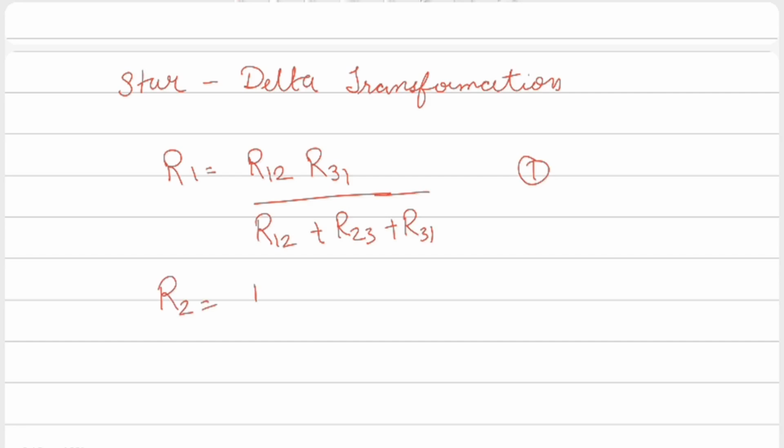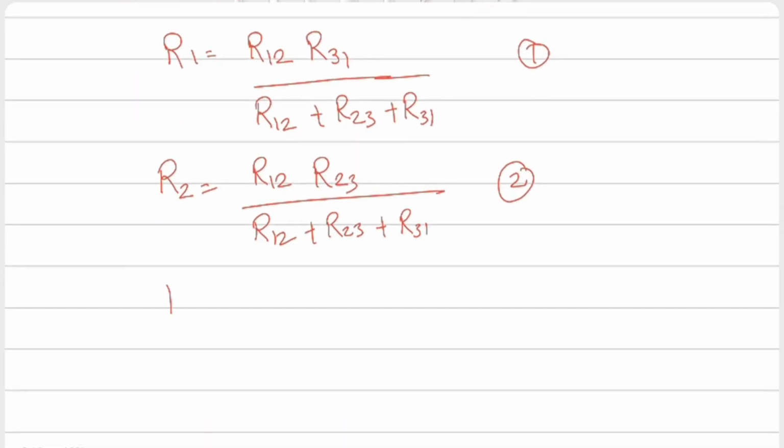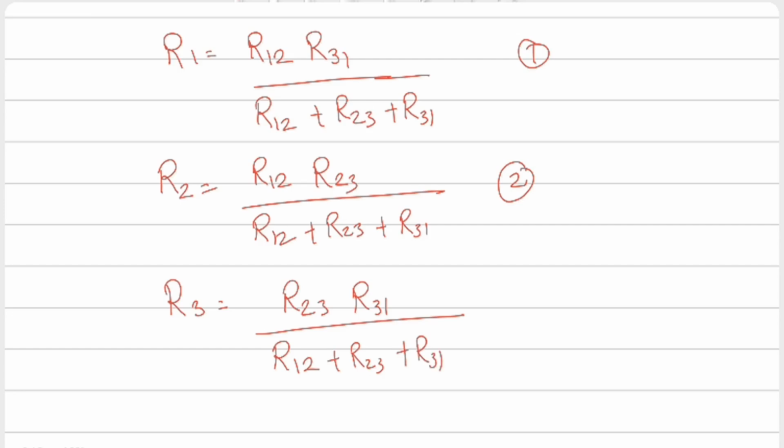R2 is equal to R12 R23 divided by R12 plus R23 plus R31, and R3 equals R23 R31 divided by R12 plus R23 plus R31.